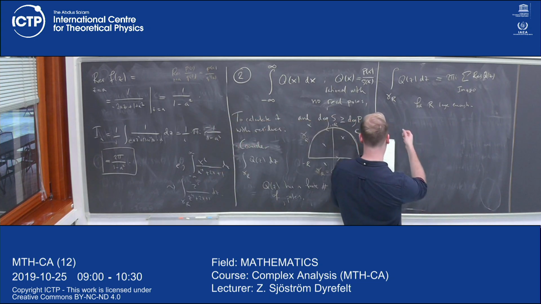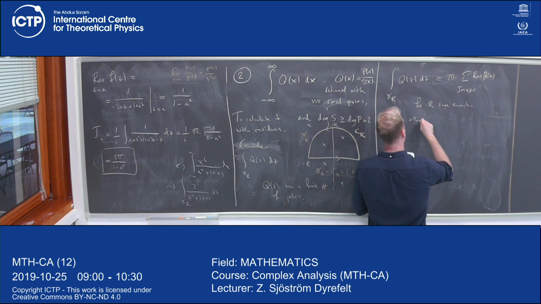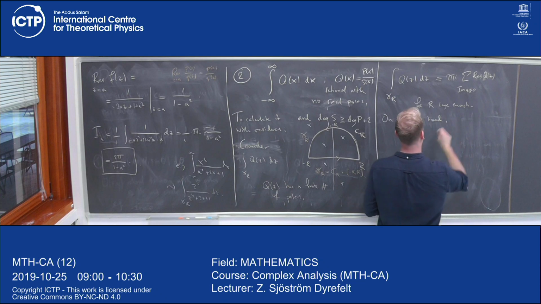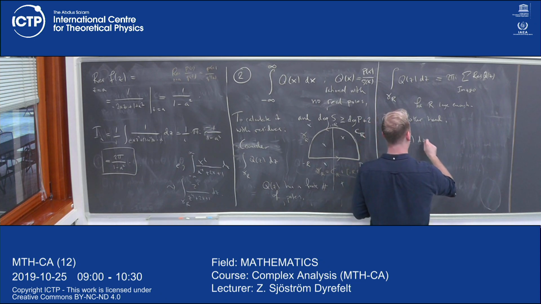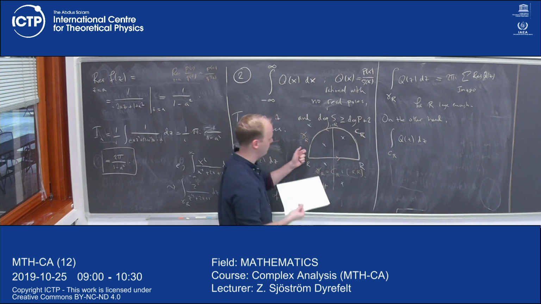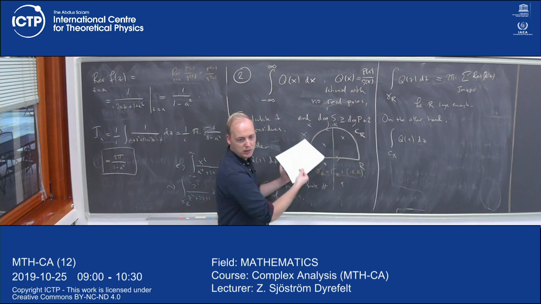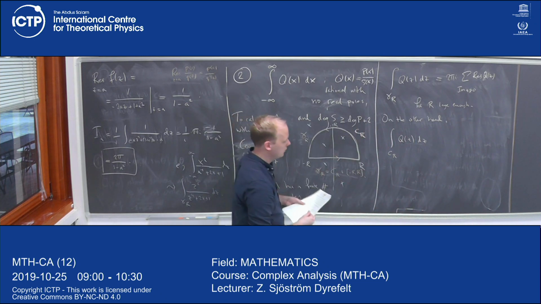Okay? So in this case, on the other hand, okay, let's see how we do this. So we integrate along this part Q of Z dz. Now we want to show that it actually goes to 0 as R tends to infinity. So how do we do it?